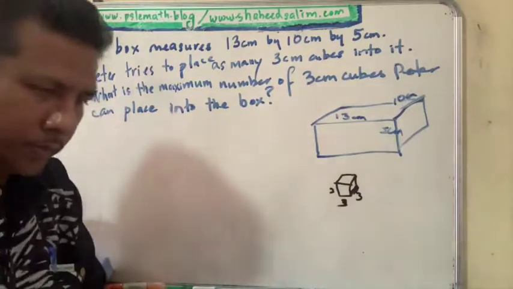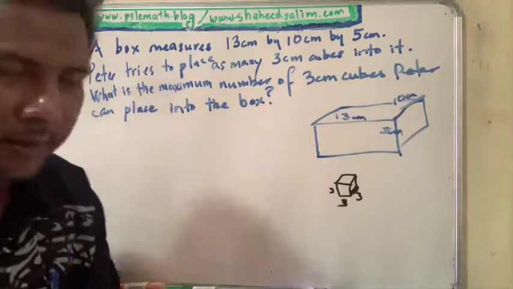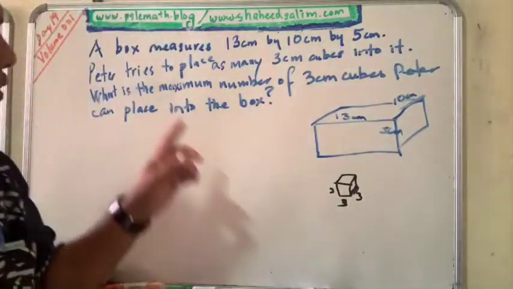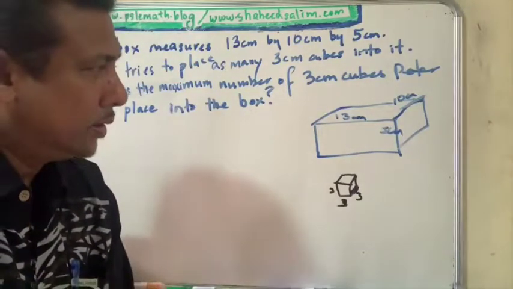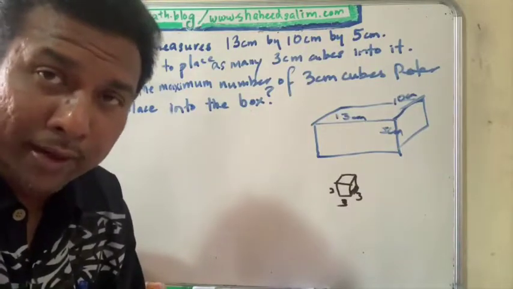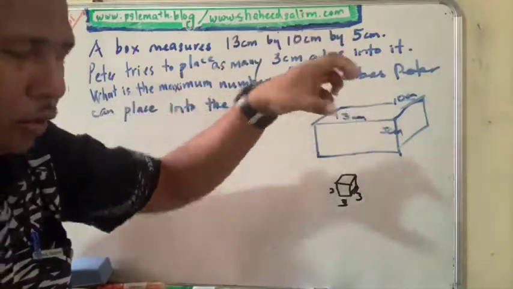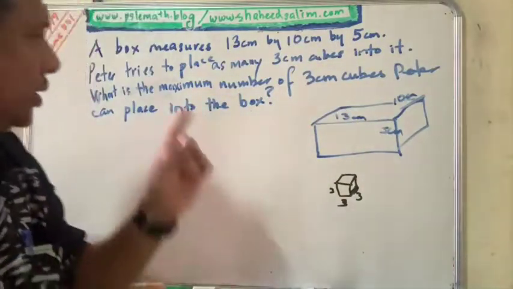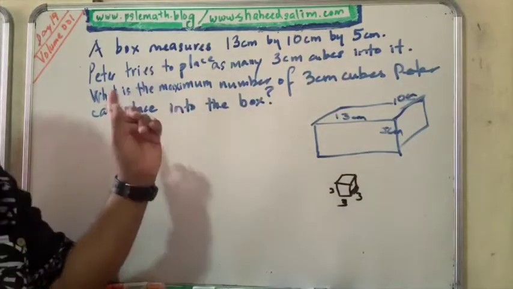Now, when you get a question like this and you see the word maximum, this means that the box can contain less than the maximum number. For example, if the question reads, what is the number of 3 cm cubes Peter can place into the box?